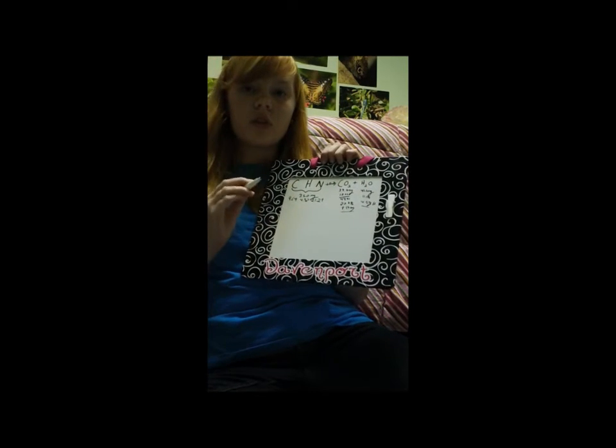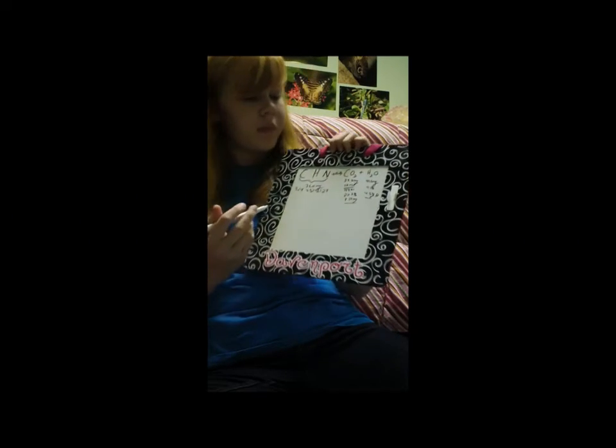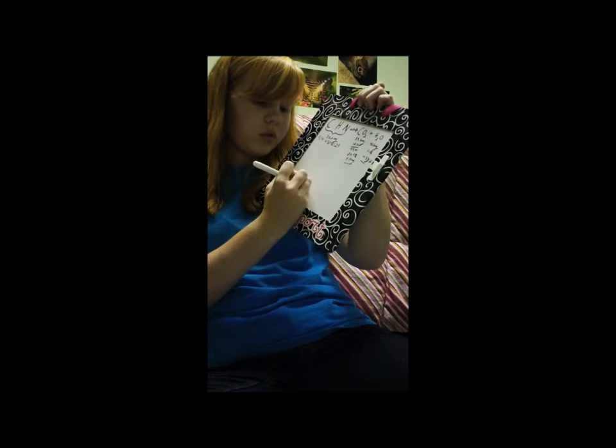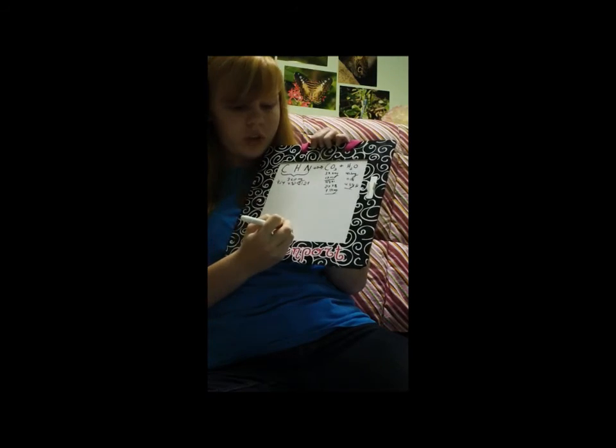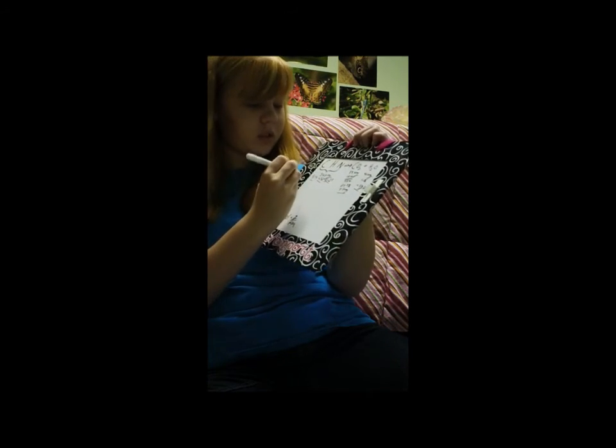And now we want to change it back to moles so that we can write the empirical formula. To change to moles, remember that moles equals grams over formula mass. So we'll divide each of the grams by the formula mass respectively.